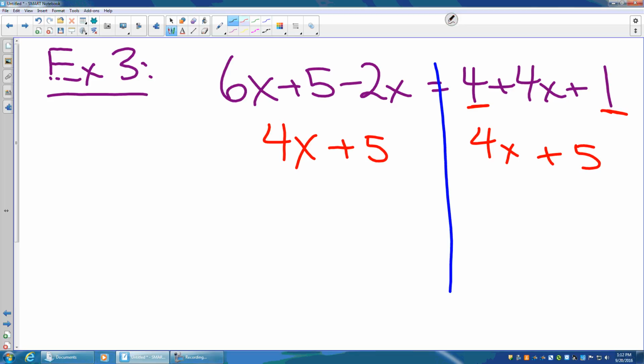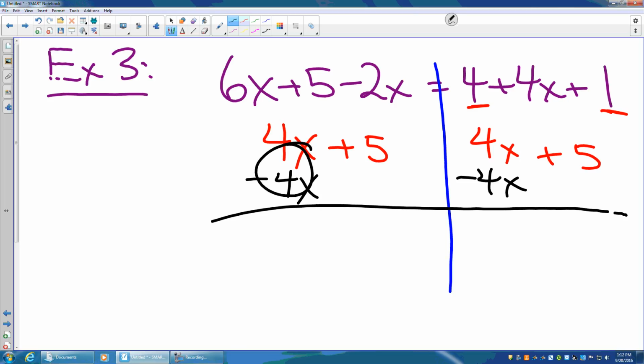But let's do the next step that we've been doing the whole time and try to get all the variables to one side. Let's minus 4x from both sides, and I end up getting 5 is 5. How is this different from the last two examples that we looked at?